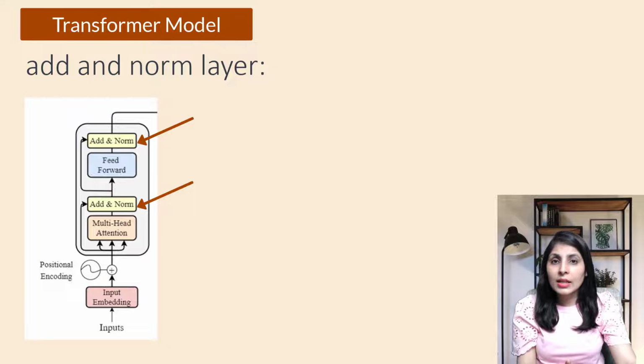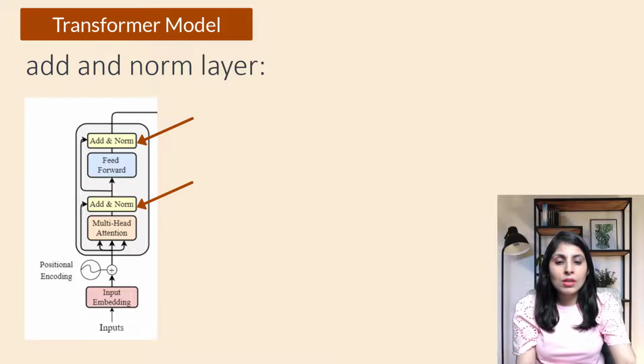By adding the output of the sublayer to the original input, the add layer enables the model to have a shortcut path for information flow, helping in the efficient propagation of gradients during training. This mechanism assists in addressing the vanishing gradient problem and allows the model to learn more effectively.